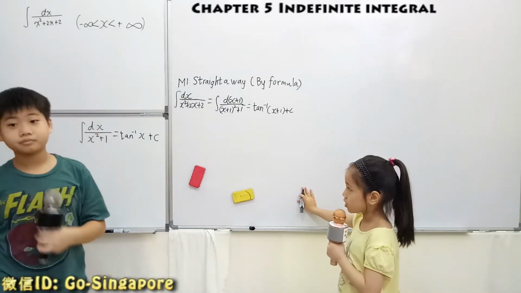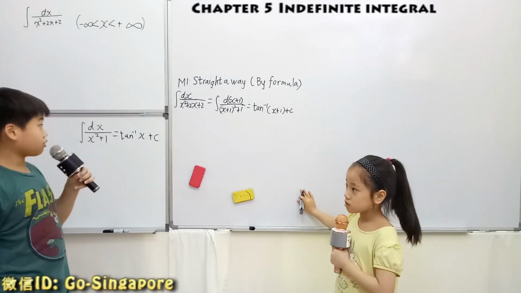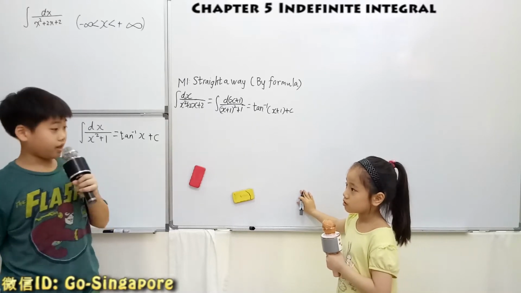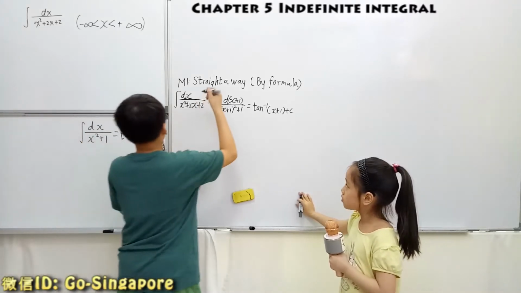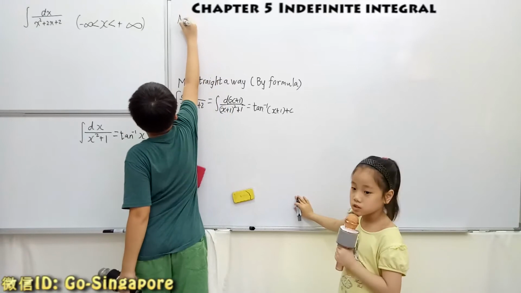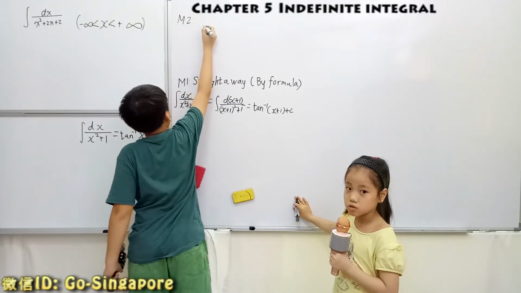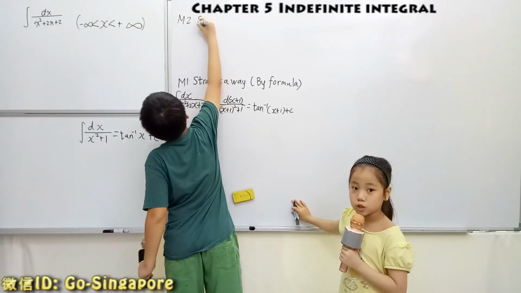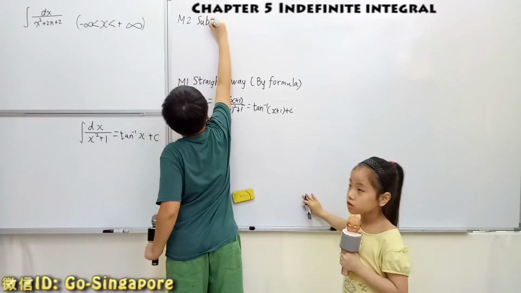Like this, right? Yes. So this is the first method. Next, the second method. Substitution by trigonometry.